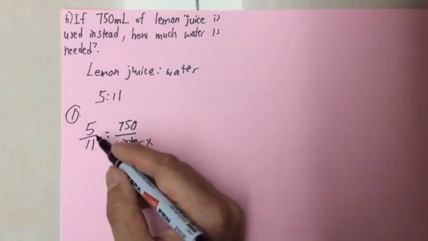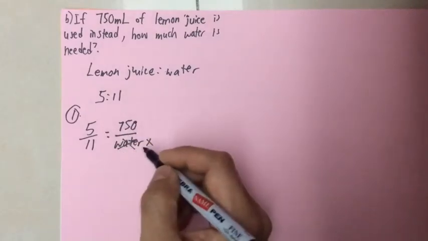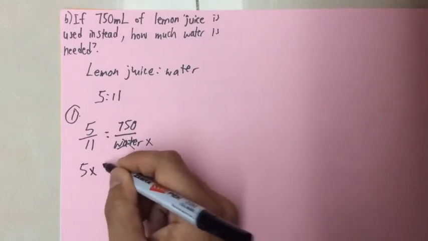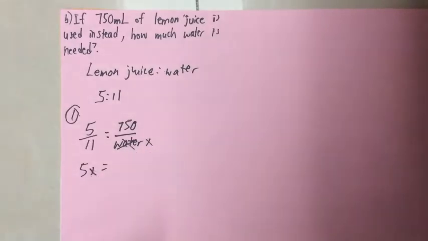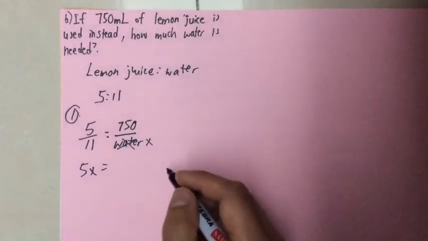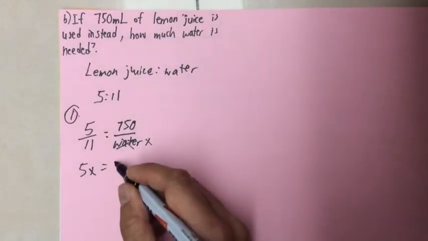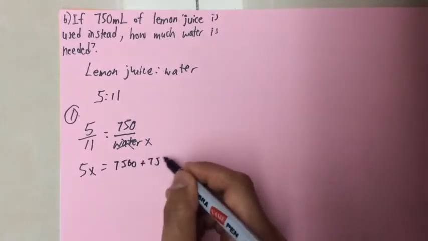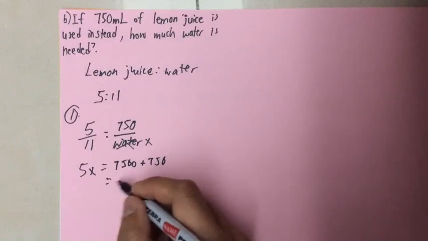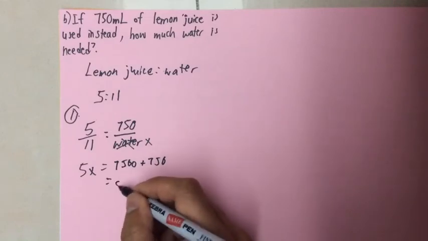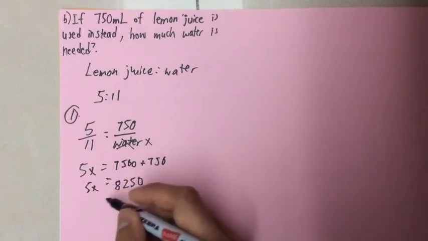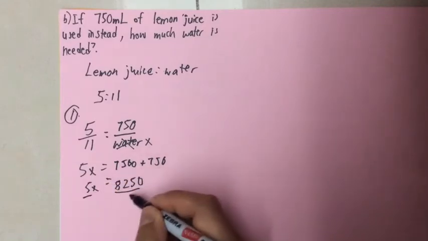Now we can cross multiply both sides by x and 11. That gives us 5x equals 750 times 11, which is 7,500 plus 750, that should be 8,250.